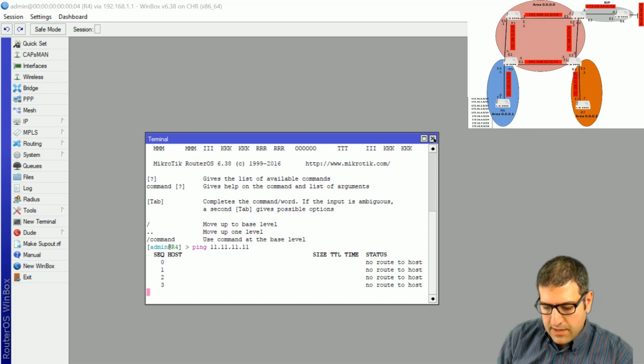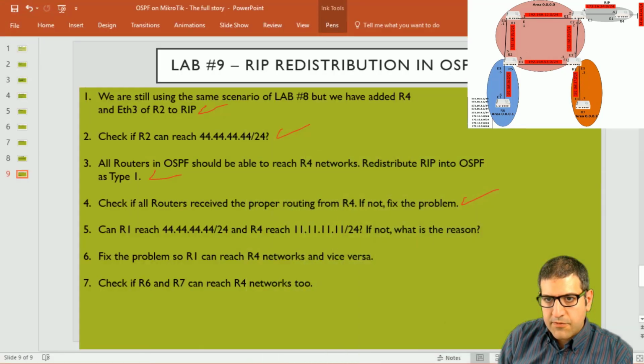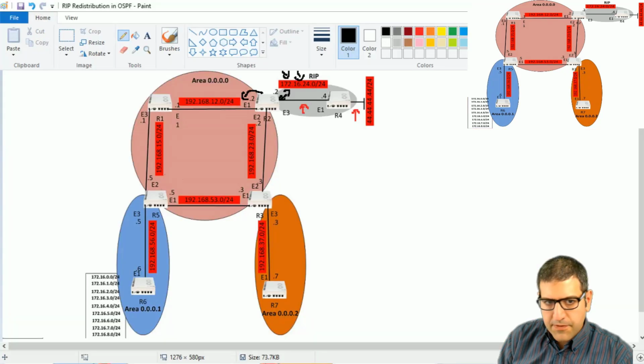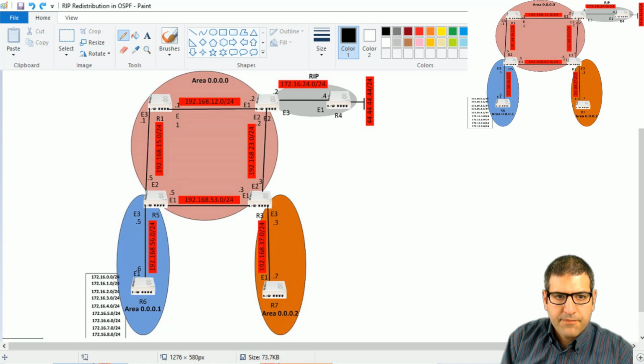Let me explain why it's not working yet. I will open this again. What we have done up to now is take the RIP routes and redistribute them inside OSPF, so OSPF can see all routes of the RIP network.